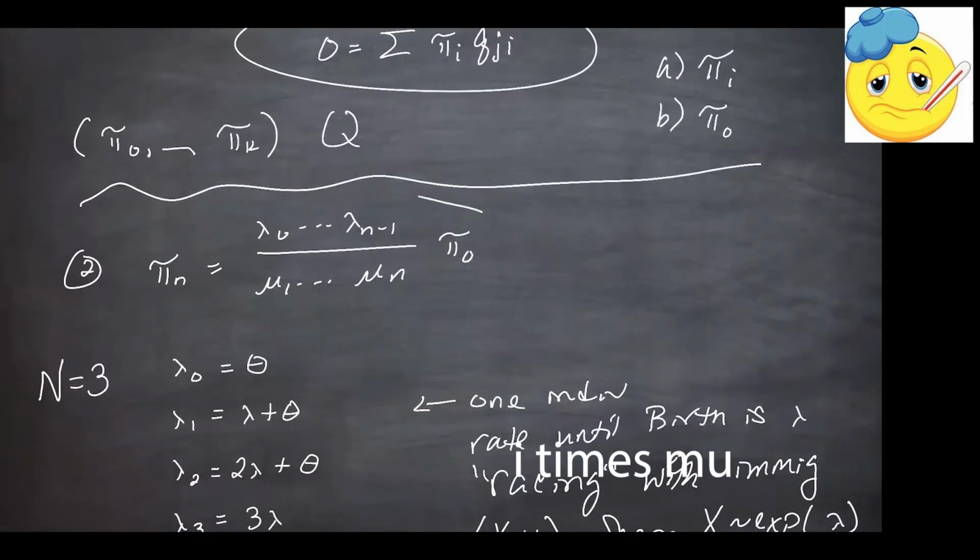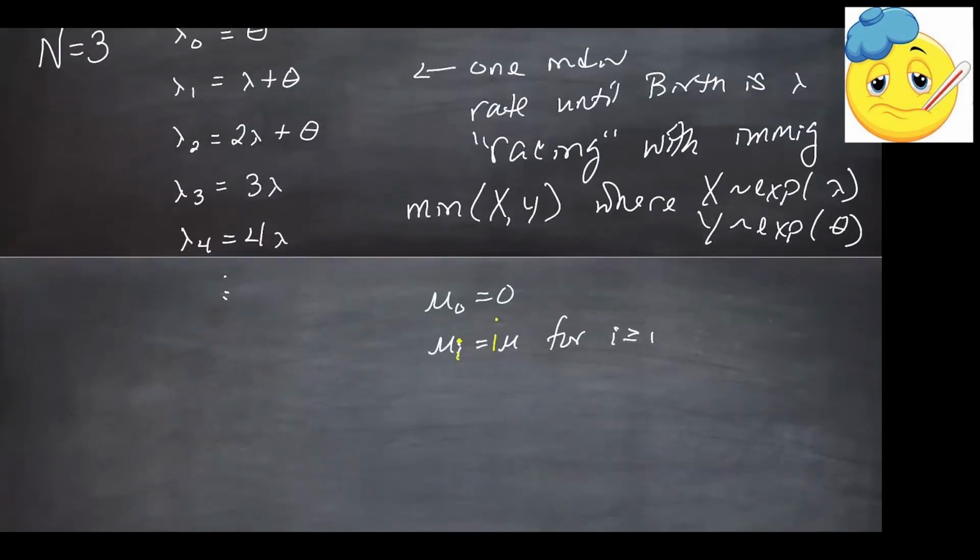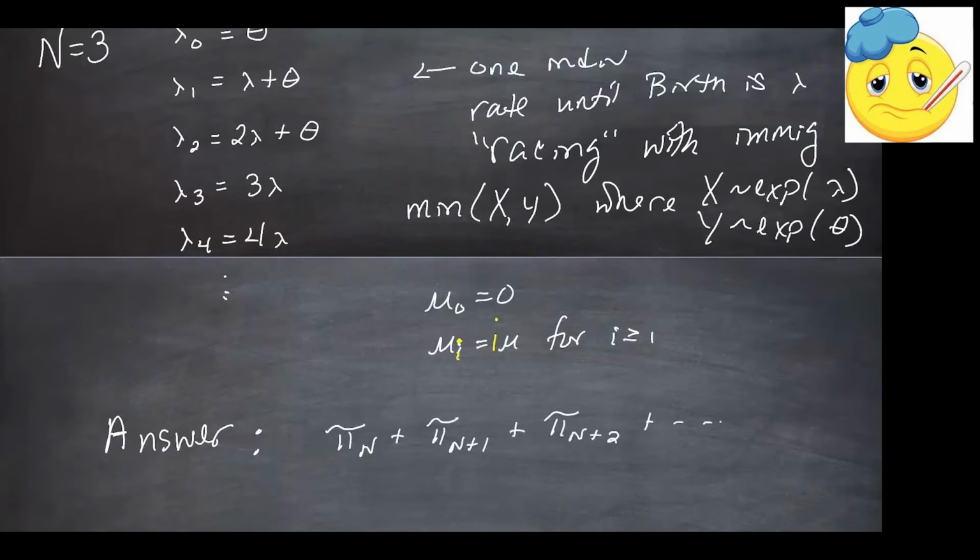But you would just use this pi, and the answer, the proportion of time that immigration is restricted, is when there's n or greater. So you really want to add up all these terms, or 1 minus adding up the rest of them, which is not going to be bad when n is 3, because you'll only have to add up pi 0, pi 1, and pi 2 and subtract it from 1.